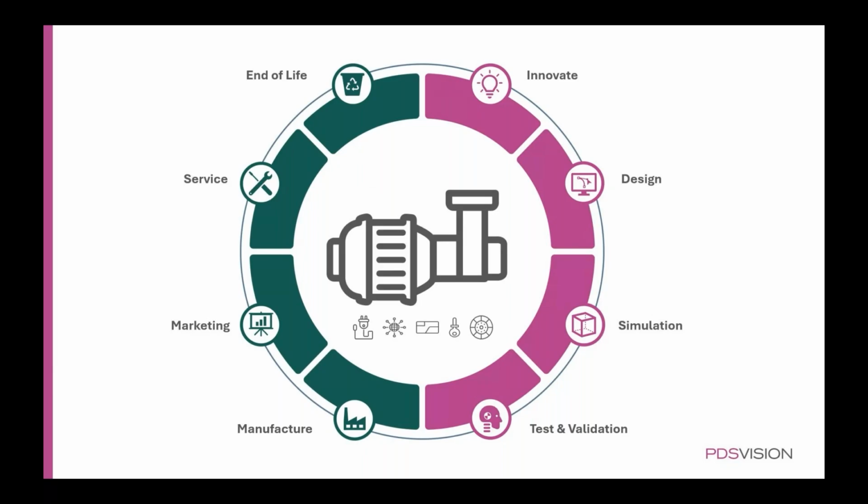And then finally, within this life cycle, a product might come to its end of life, and it's our responsibility as manufacturers that that product is disposed of in a sustainable and environmentally conscious way. So the products that we design and manufacture go through this life cycle, and PLM, or product lifecycle management, as a tool, is designed to help us manage that product through that entire life cycle.